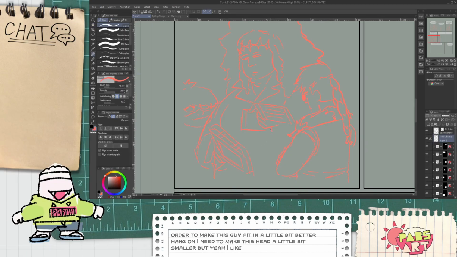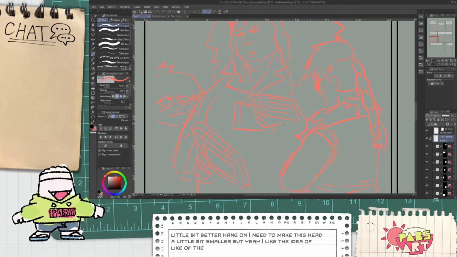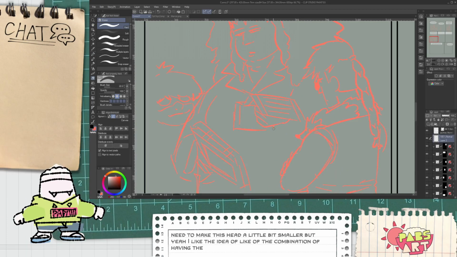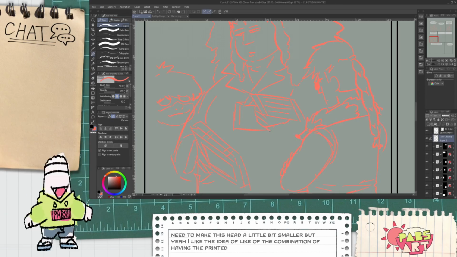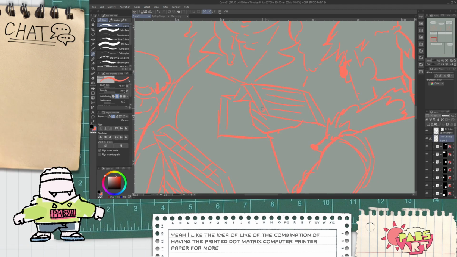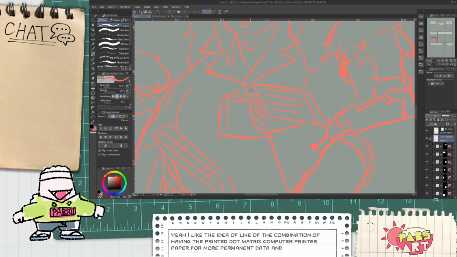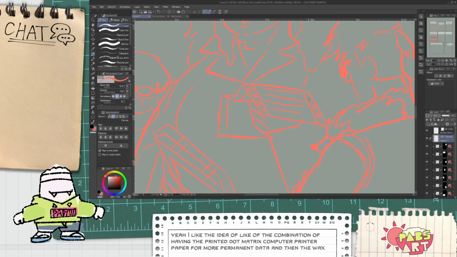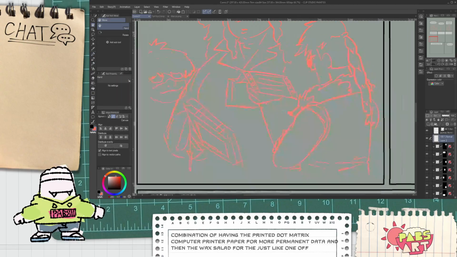But yeah, I like the idea of the combination of having the printed dot matrix computer printer paper for more permanent data, and then the wax tablet for just one-off calculations.